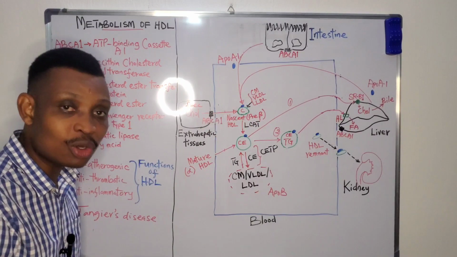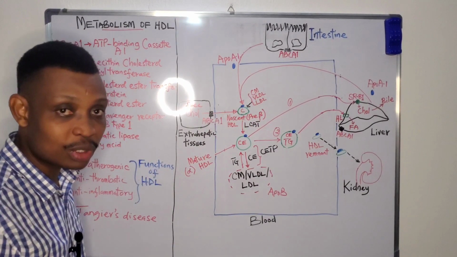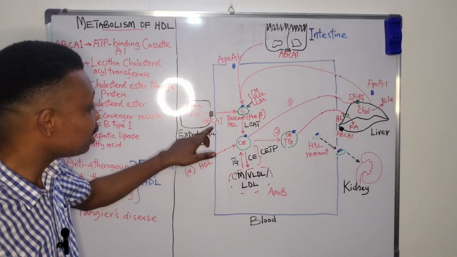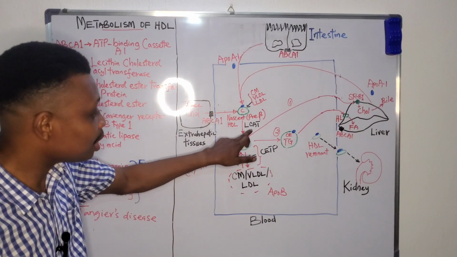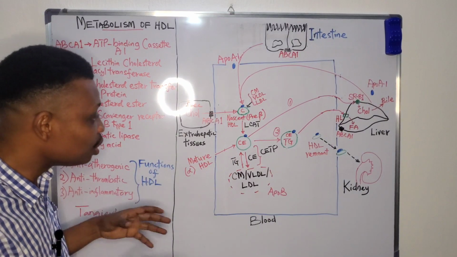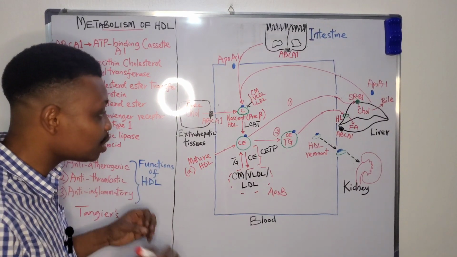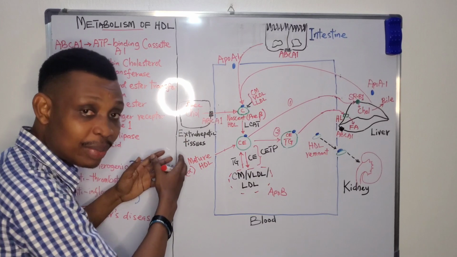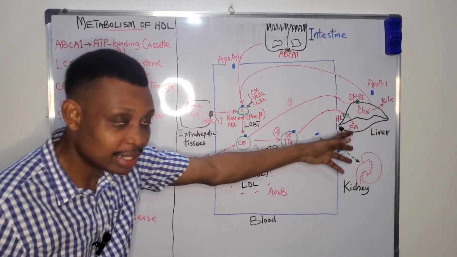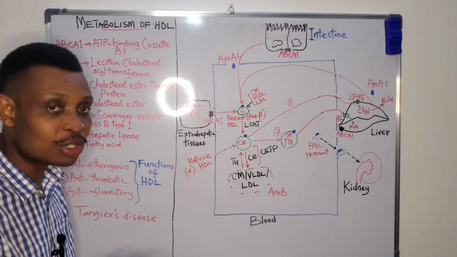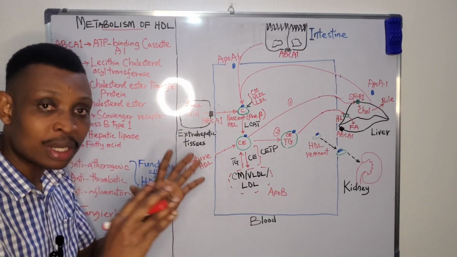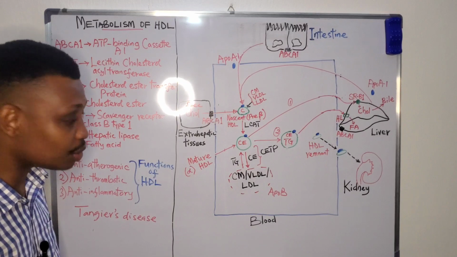Also, there will be decreased concentration of high density lipoprotein. A genetic mutation of this transporter protein or deficiency of LCAT will result in the accumulation of free cholesterol and phospholipids in the extrahepatic tissues, in the intestine, and in the liver. And then that will result in decreased concentration of high density lipoprotein in the blood circulation.